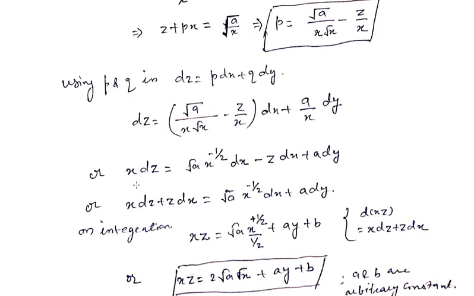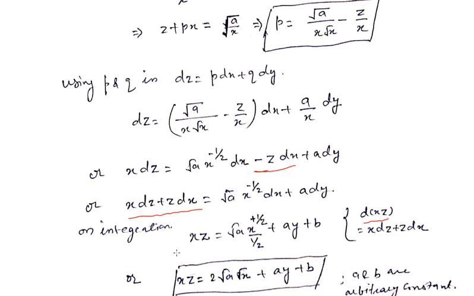Multiplying this equation by x, we get x dz equals root a x raised to power minus half, shifting this root x into the numerator, it becomes x raised to power minus half dx minus z dx plus a dy. Now shift this minus z dx into the left hand part, it becomes x dz plus z dx, which is d of xz. And in the right hand part, root a x raised to power minus half dx plus a dy.